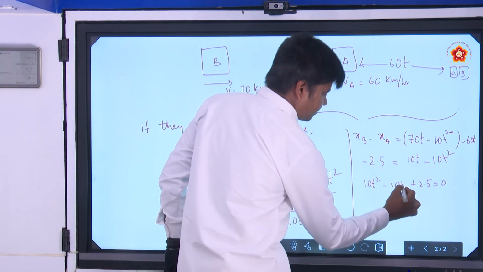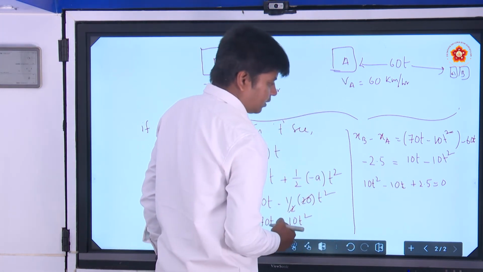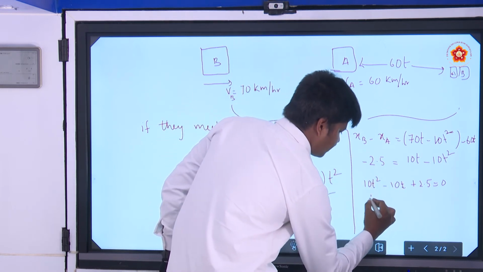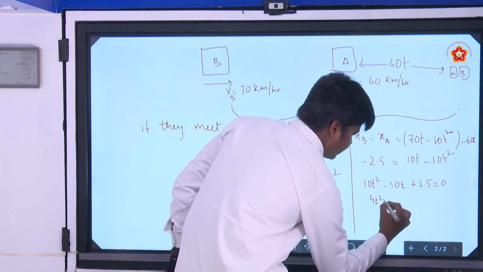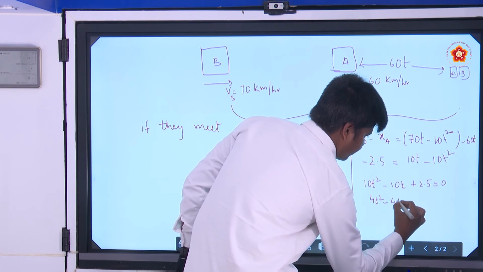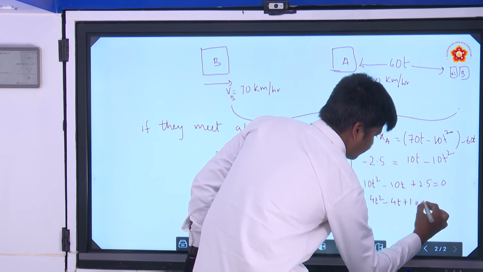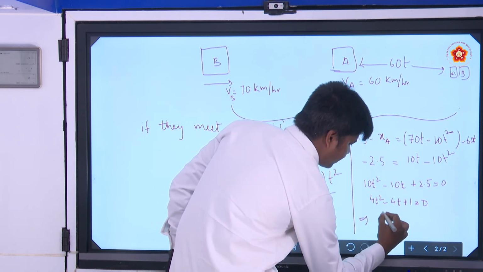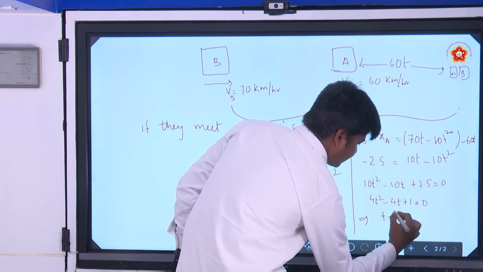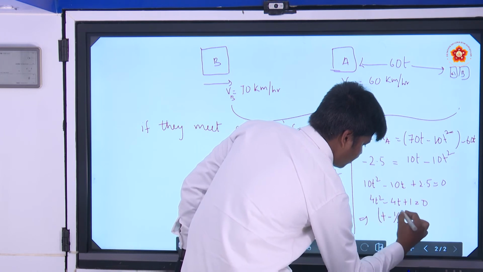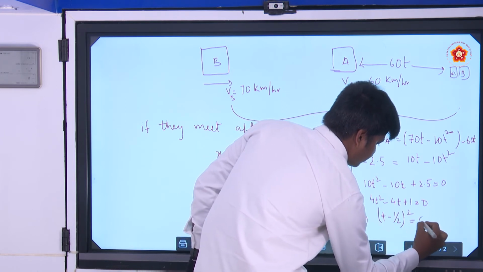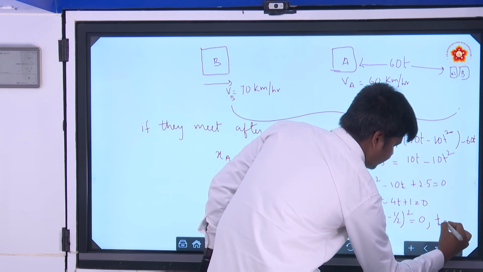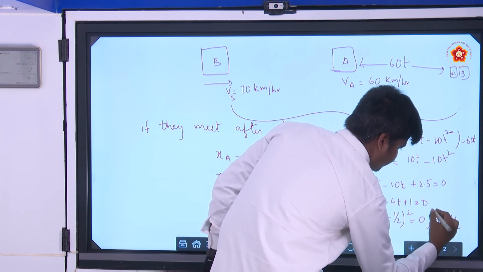Multiplying by 4, it becomes 4t square minus 4t plus 1 is equal to 0. This is in the form of t minus 1 by 2 whole square is equal to 0, which implies t is equal to 1 by 2.